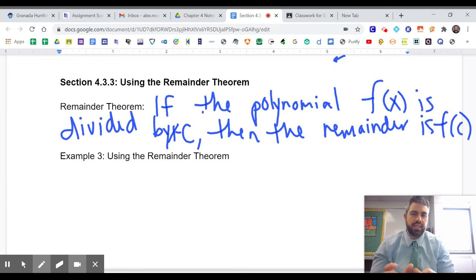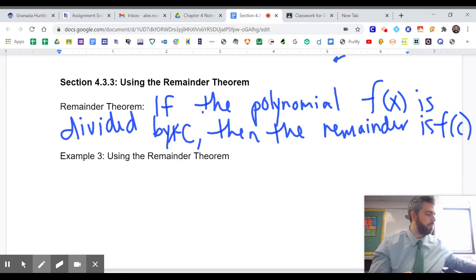So like in that last example, if we're dividing by x plus 1 and I put -1 into the function, I would have gotten out 1 in the end, which is interesting. We could try it and it works.